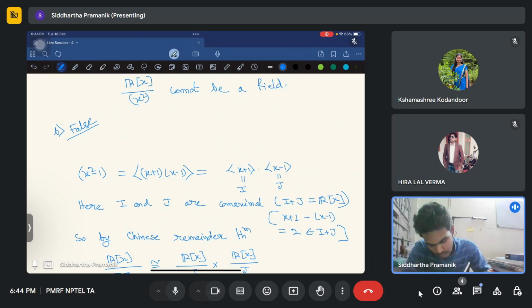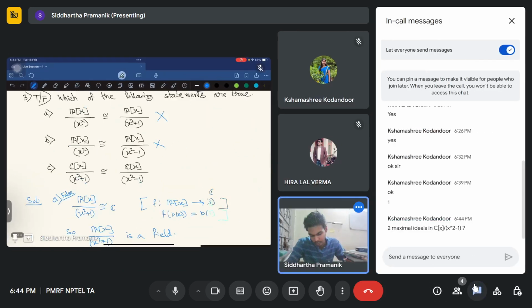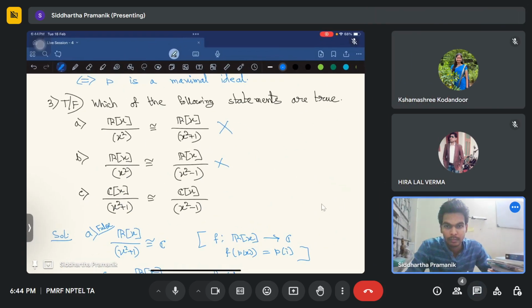Yes, it has two maximal ideals. Do you have any answer, true or false?